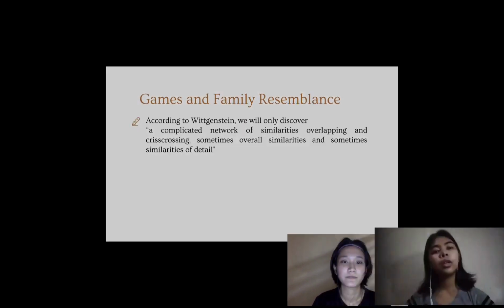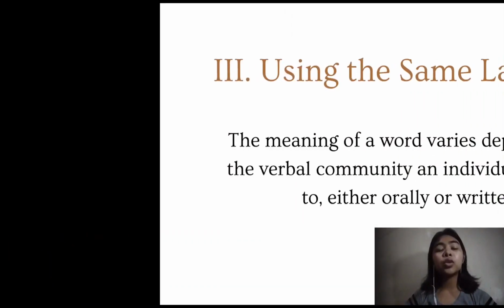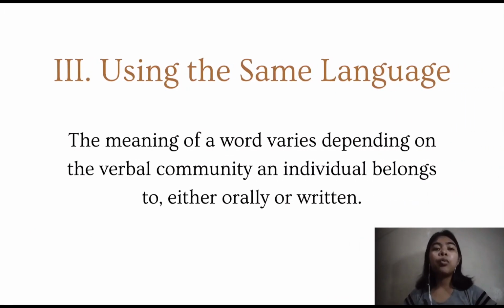Now that we have discussed words and concepts, we know that words are the most basic form of communication. But do you know that in philosophy, there is also such a thing as miscommunication between philosophers? How did this happen? Simply because they are not using the same words in the same way.